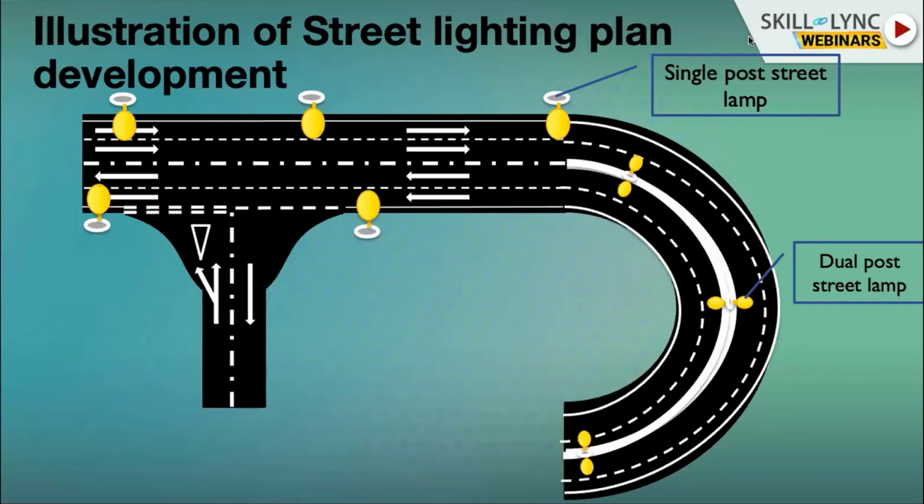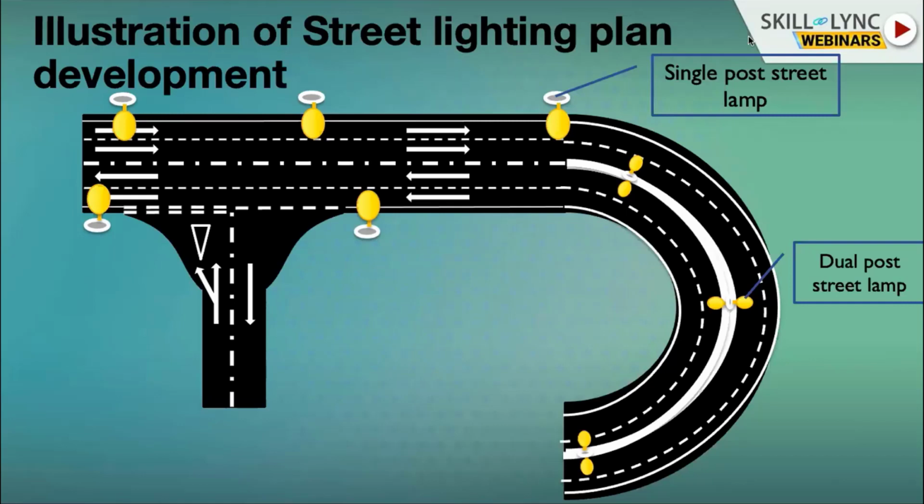Depending on the placement locations and space available for the lighting poles, we can decide whether they have to be placed on the left, on the right, or at the center with dual post street lamps. Wider roads with divided carriageways are usually accompanied by dual lampposts placed at the median to illuminate the inner carriageways, and outer single post lamps to illuminate the outer lanes.